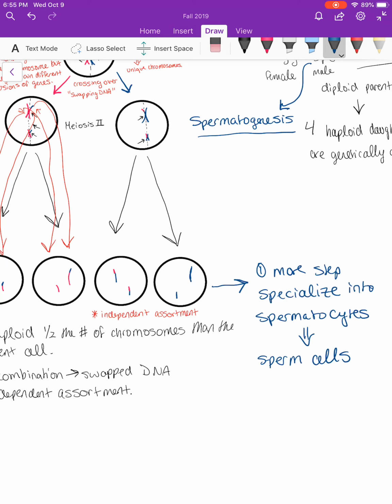All you have to know is that after they become the 4 haploid cells, they then become 4 sperm, okay? And they're all going to have the DNA that they had in the haploid cells.